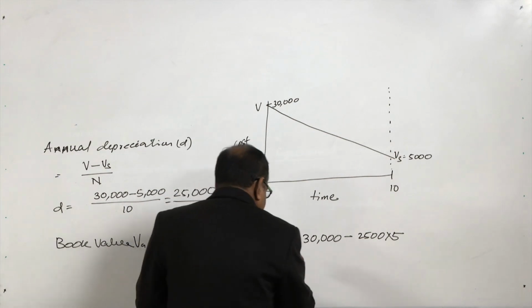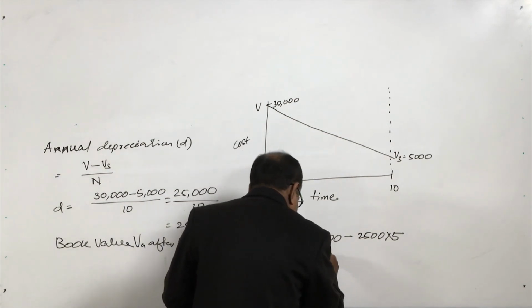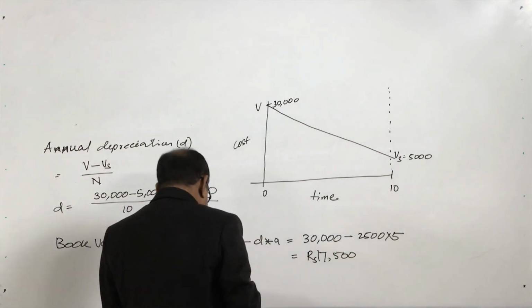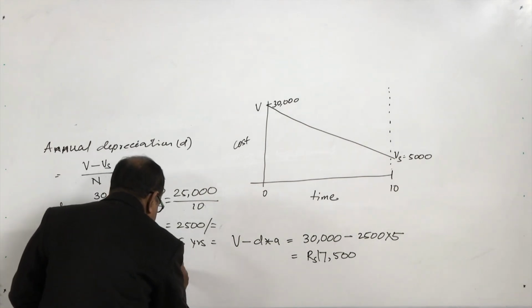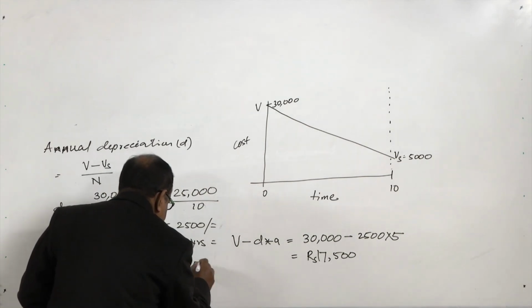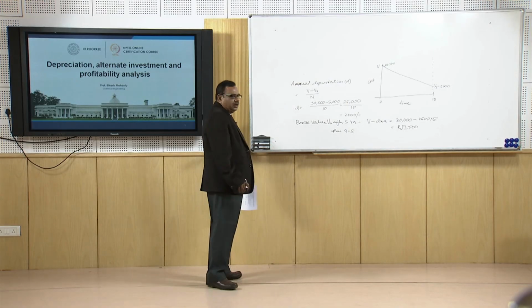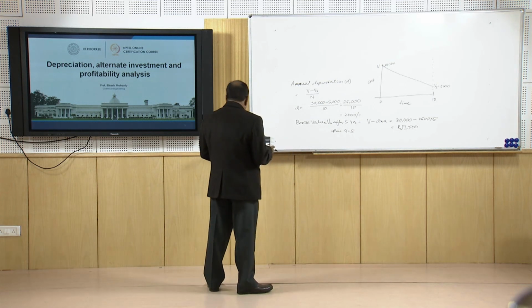This comes out to be rupees 17,500, where A is equal to 5. Now, this is the solution of this example.